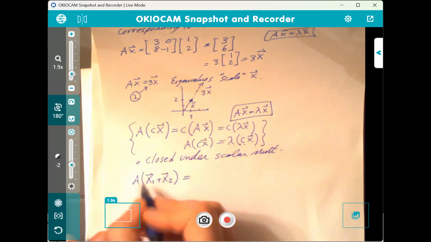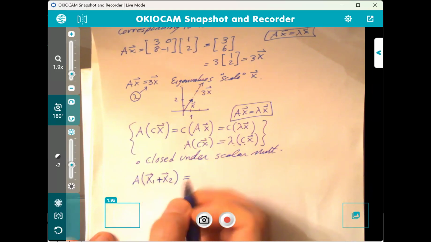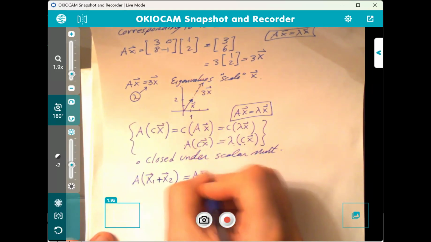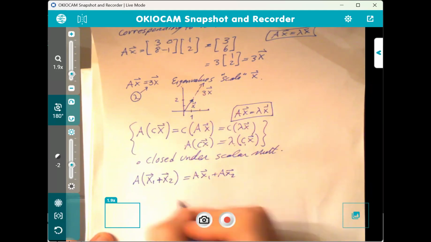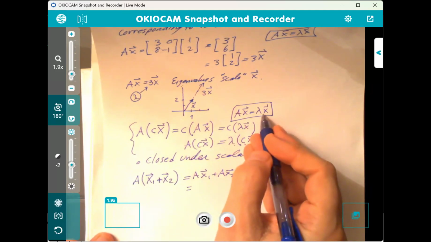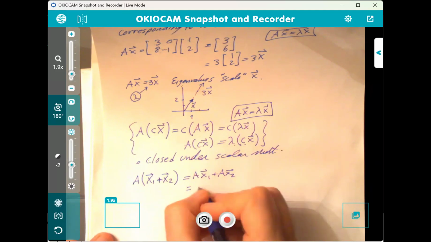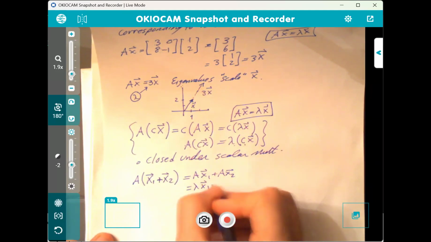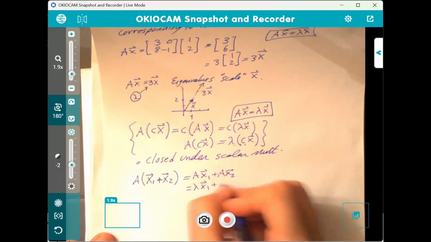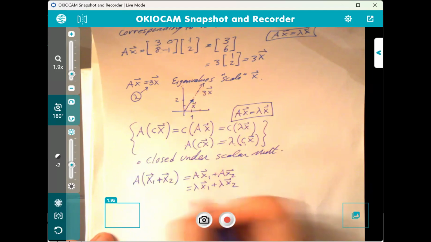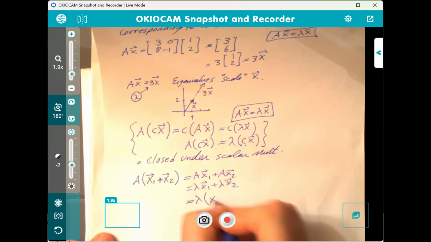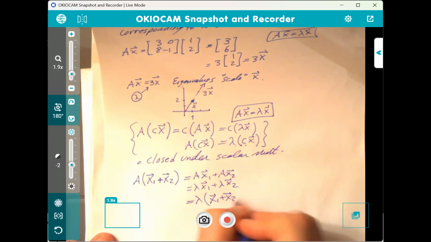Okay. This we can use distributive property, write it as ax1 plus ax2. Now ax1 is lambda x1, right? So that would be lambda x1 plus, we replace ax2 with lambda x2. And then we can factor lambda out. So we get lambda times x1 plus x2.